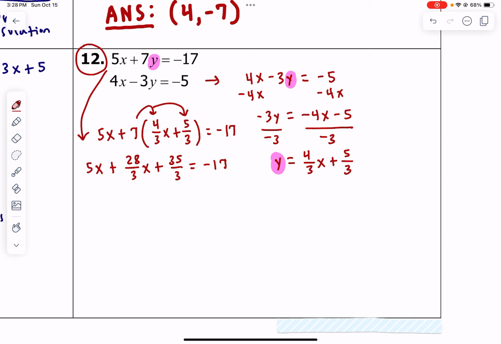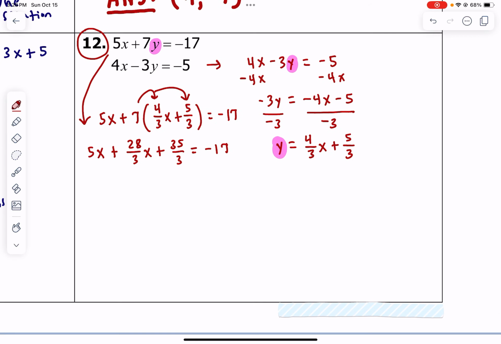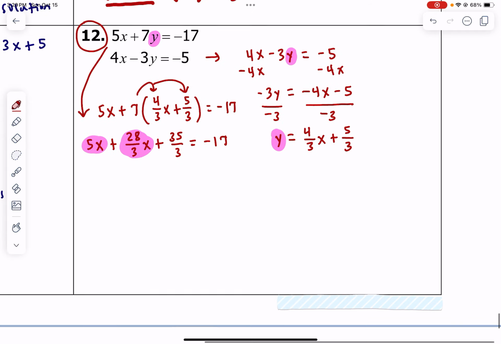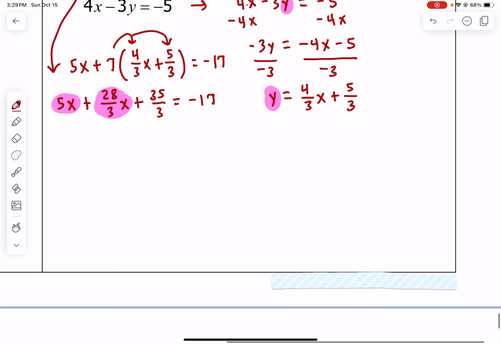Let's go ahead and combine like terms. So in this case, we can combine this term and this term. On the side here, I'm going to say, if we're going to add 5 over 1 plus 28 over 3, you would have to multiply this 5 over 1 by 3 over 3.